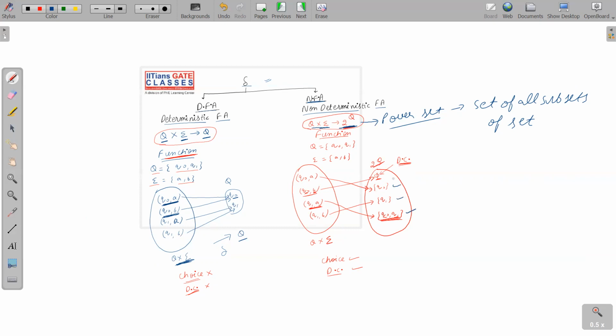See carefully. Phi is an empty set. I hope you already know that phi is not equivalent to phi within brackets. Phi within brackets is a set which contains the empty set as an element, and phi is the empty set itself. So please do not get confused with all these things.